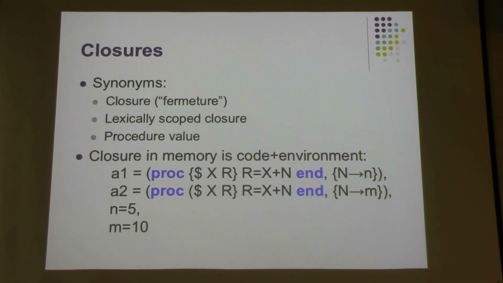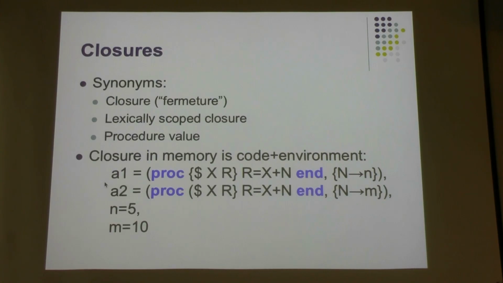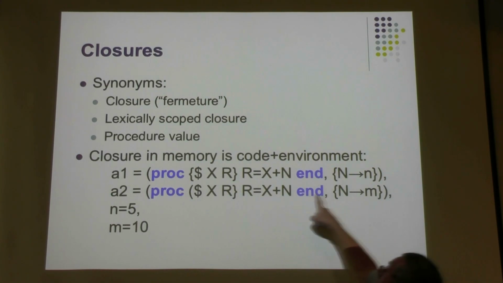So we saw the semantics of this. Just to remind you, remember in the previous example we had add 5 and add 10. Here, let me give you just a little bit of semantics. There's a variable in memory, A1, which is bound to the add 5 procedure, and this one has 2 parts. It has the code here.